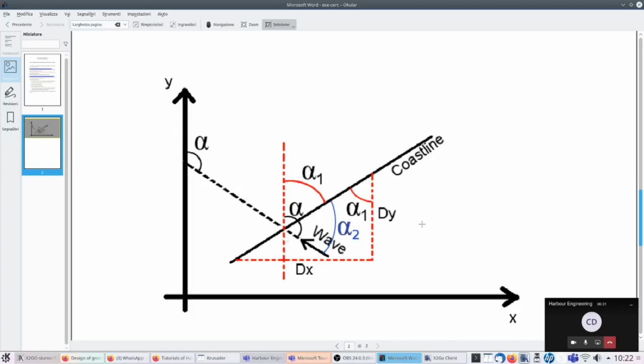And then we need data on wave orientation with respect to the coastline. This sketch shows that the approaching angle of the wave in our data file is alpha. It's the angle between the wave direction, the red arrow that you can see here, and the vertical direction upward.